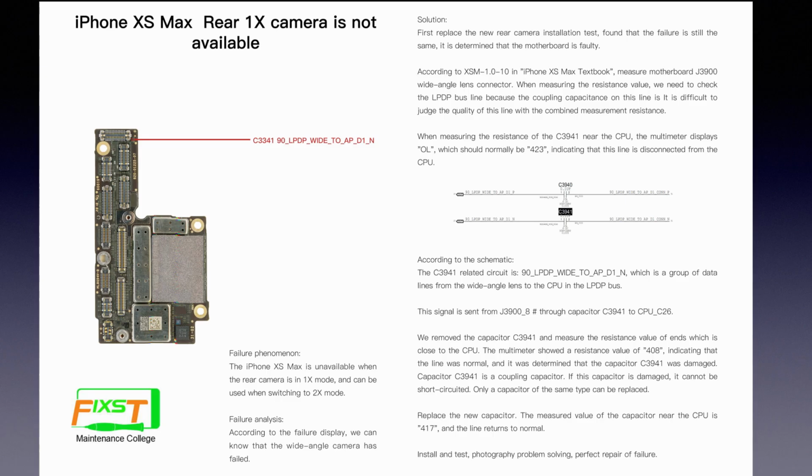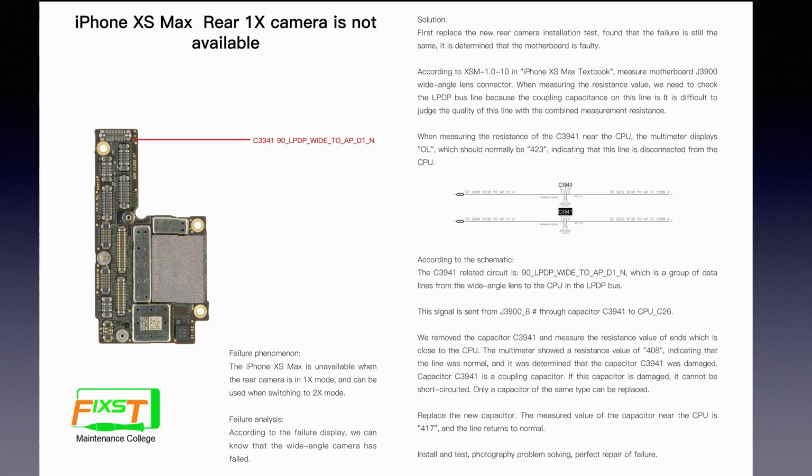So we test the motherboard J3900, the wide angle lens connector. After we test the resistance, we need to check the LDDP bus lines, because these have coupling capacitors on the line. It's difficult to tell whether the quality of this line is good or not by the resistance.